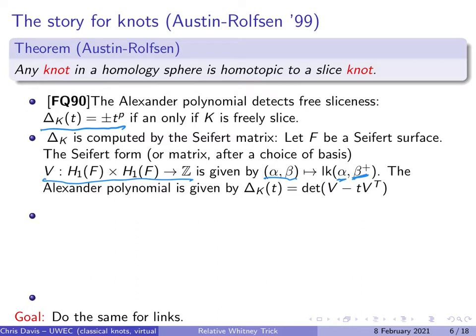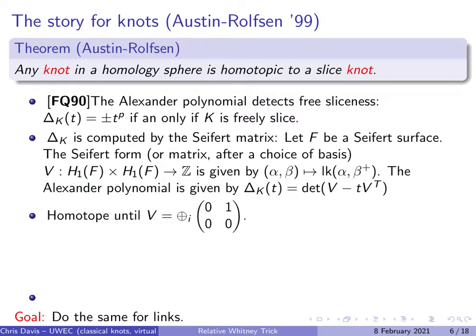That now gives you a two-component link in a homology sphere. Compute the linking number. The Alexander polynomial is given by representing that form by a matrix, by picking a basis, and then computing the determinant of V minus tV transpose.